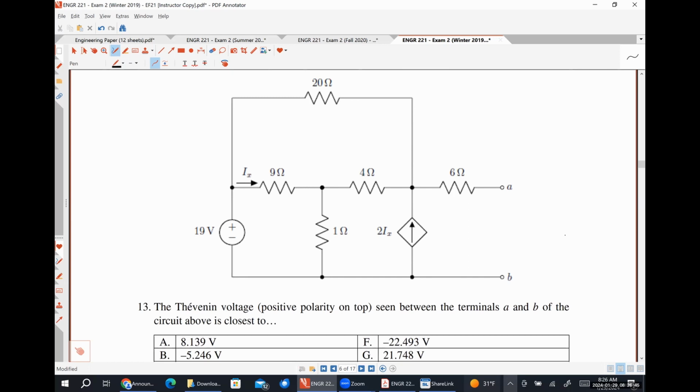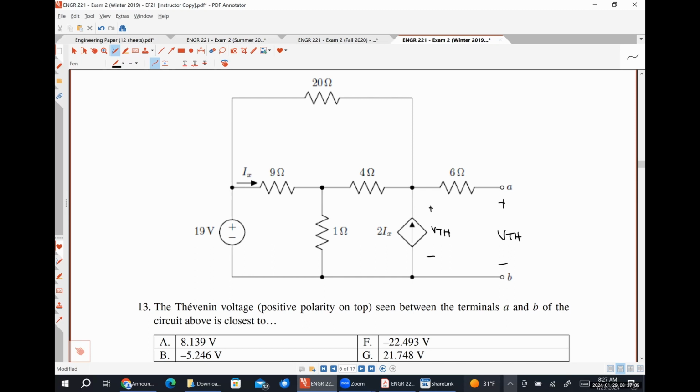All right, so Thevenin voltage, positive polarity on top. The first thing I would do is observe that there's no voltage drop across the 6-ohm resistor. So the voltage across this current source is also the Thevenin voltage.